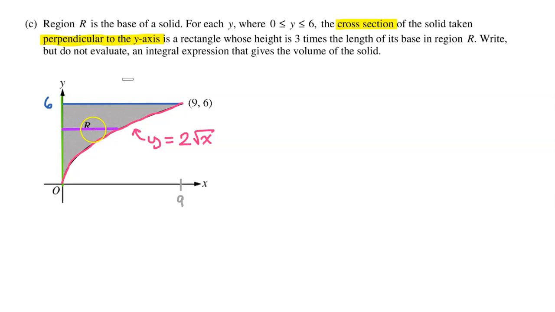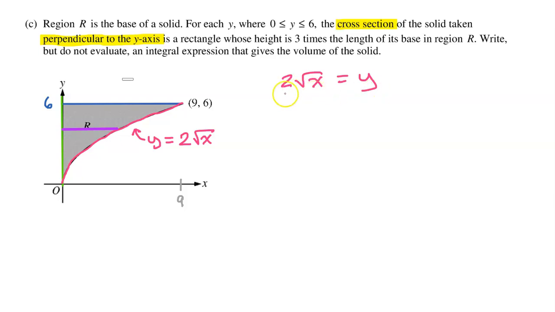However, before we get started, because these slices are stacked vertically, ultimately we will have to integrate with respect to y. So we need to rewrite this function in terms of y. So right now we have 2 radical x is equal to y. Let's solve this for x.